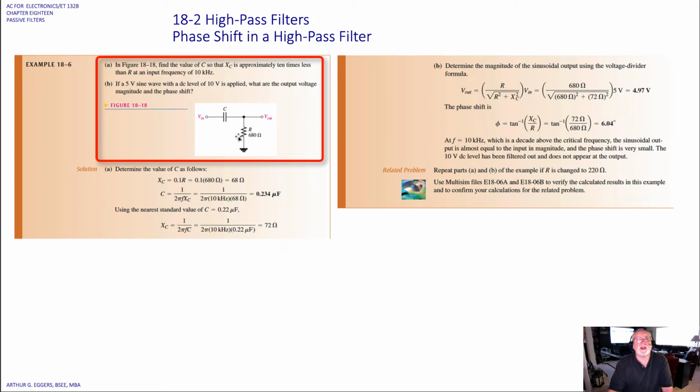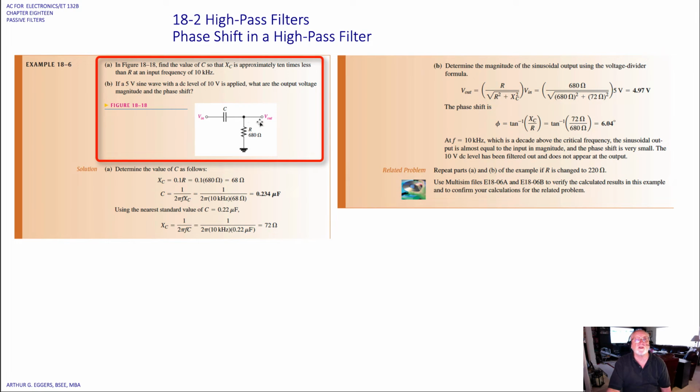In this example, we're going to look at the phase shift in a high pass filter. In part A, find the value of the capacitor so that X sub C is approximately 10 times less than R at an input frequency of 10k hertz. In B, if a 5-volt sine wave with a DC level of 10 volts is applied, what are the output voltage magnitudes and the phase shift?